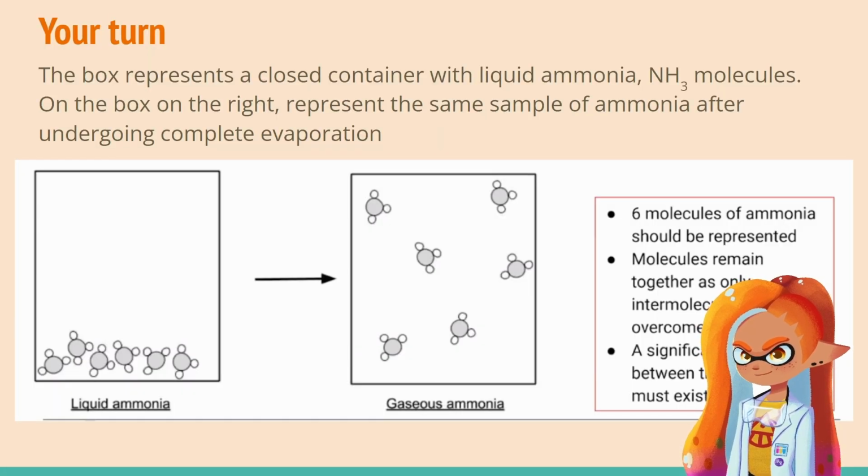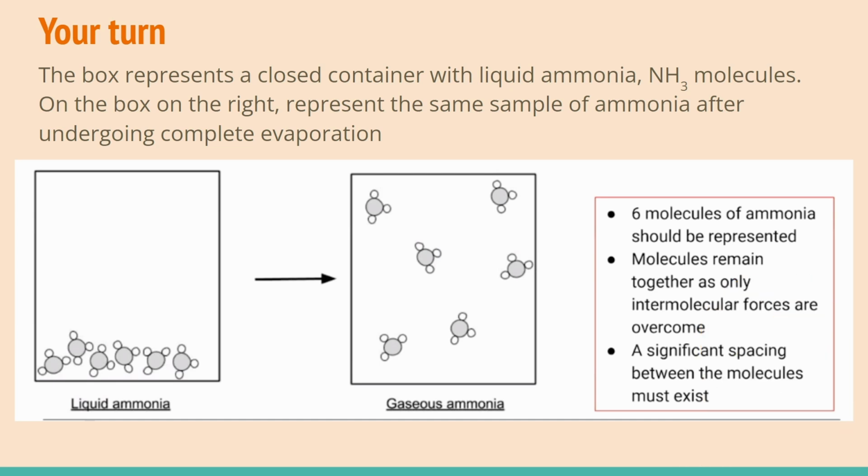There are 3 criteria you need to follow. The first one is that matter cannot be created nor destroyed. It started off with 6, you better have ended with 6. If you did more or less than 6, that would not have gained the point for this problem. The other thing, as you can see right here, is molecules remain together, with only intermolecular forces.